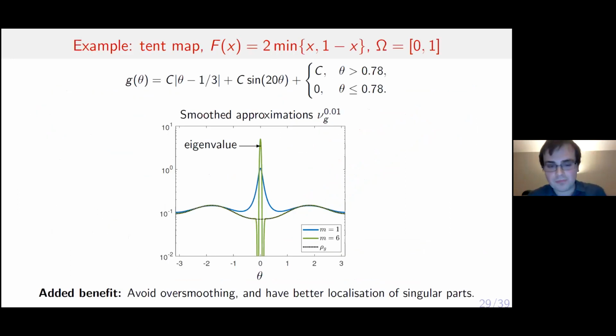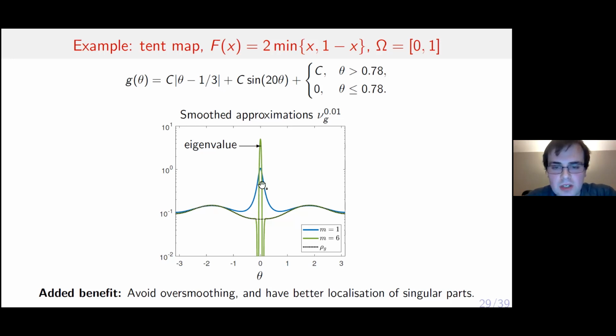Okay, so now I'm just going to end this part with two simple examples. The first is the tent map in dimension 1. Okay, so here f is just this nonlinear hat function. Omega is just the interval 0, 1. And I'm going to choose as my observable this arbitrary non-continuous function g.